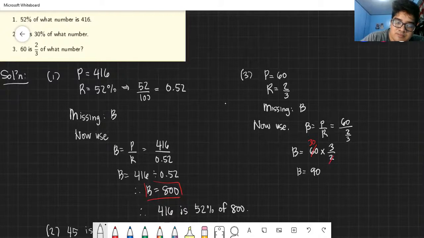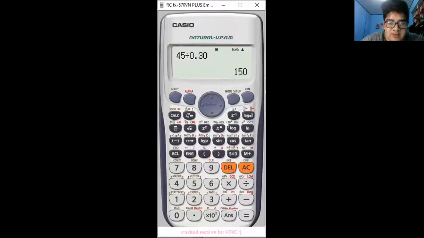Right? And we don't have to put it in a calculator. And if you want, go ahead, in case you don't trust me. This is 60 over the fraction 2/3. So it is just equal to 90. That quick.